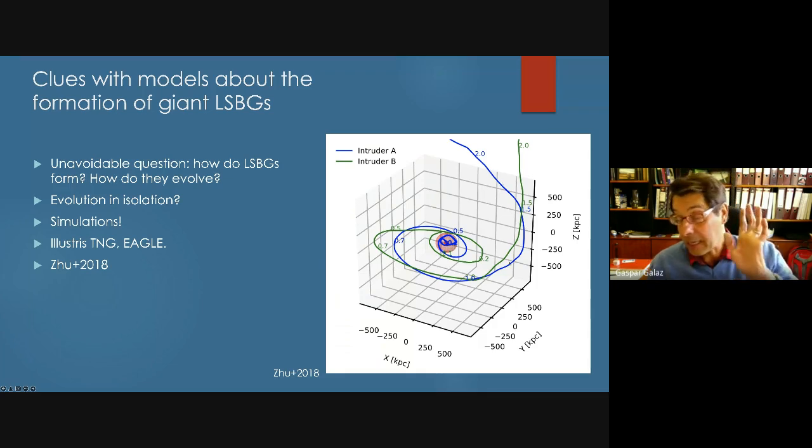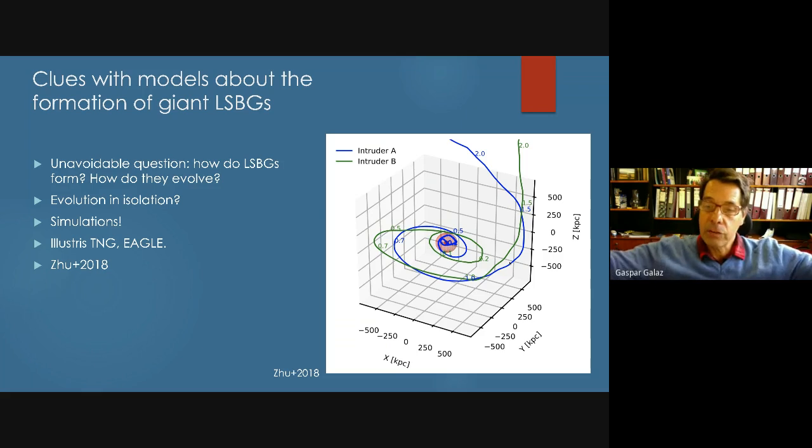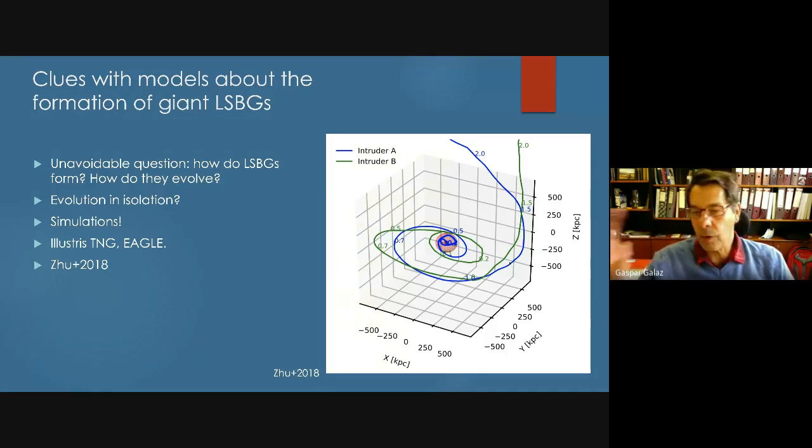So I can answer your question. The ideal situation would be to trace the halos, and you can do this with the models, from the first moment when they start to fall and to collide and to merge into this kind of LSB galaxy. So you can follow the whole trajectory of these things. I don't know what redshift resolution you can have in these models.